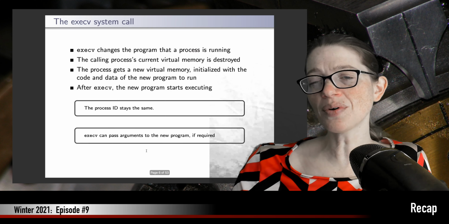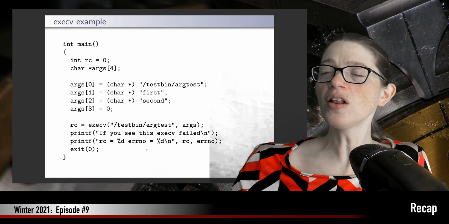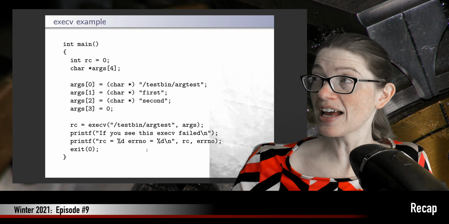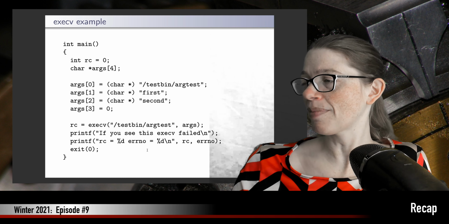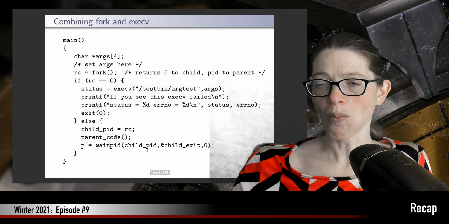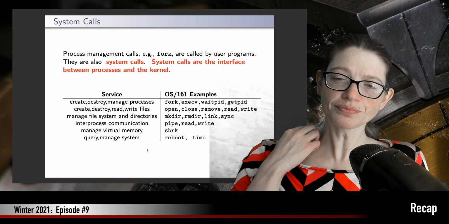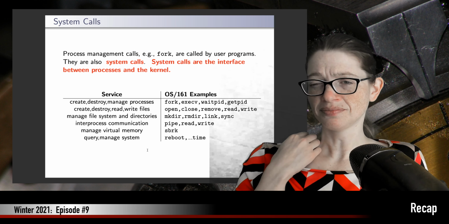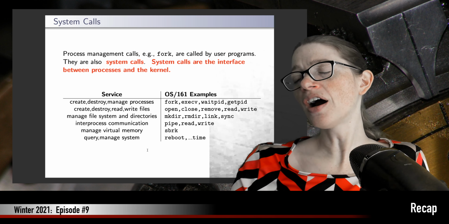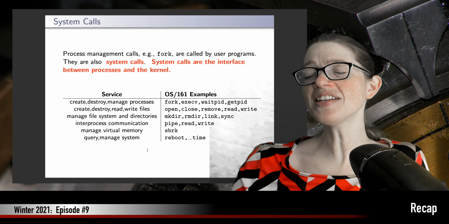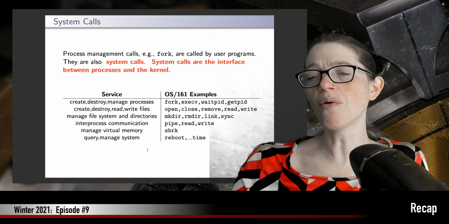Now, we went over these in greater detail, and we'll be going over all of these functions in even greater detail in episode 11, where we talk about how to implement assignment A2. But all of those were just examples of system calls. So system calls are calls where we're asking the kernel to do some task for us.